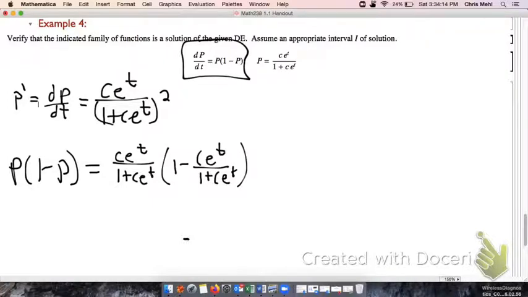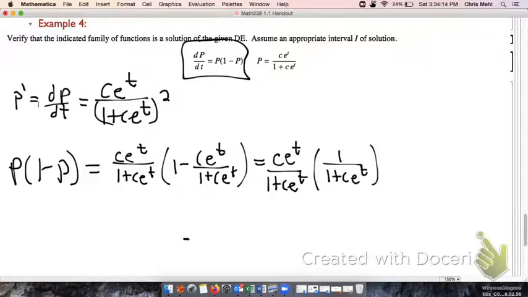And like I said, if you get a common denominator inside the parentheses, you are going to see that that's just going to end up being 1 over 1 plus ce^t.